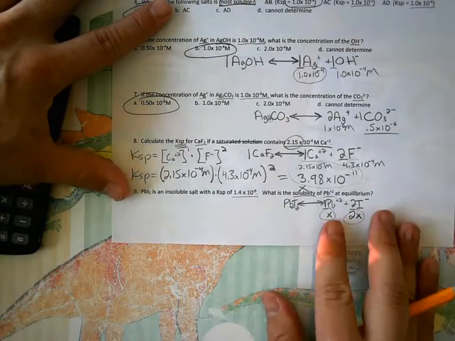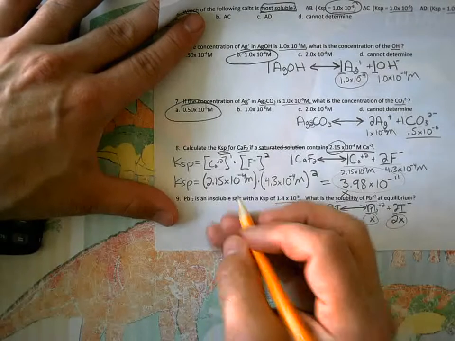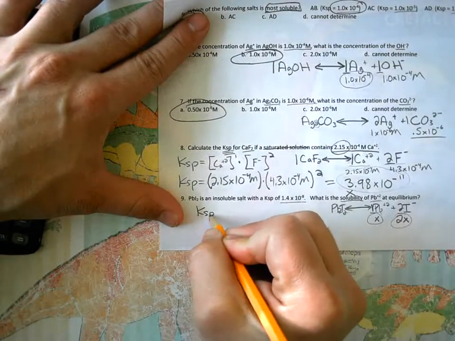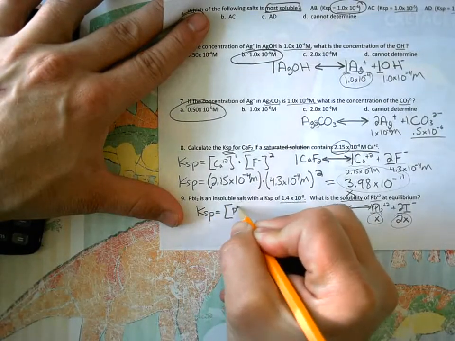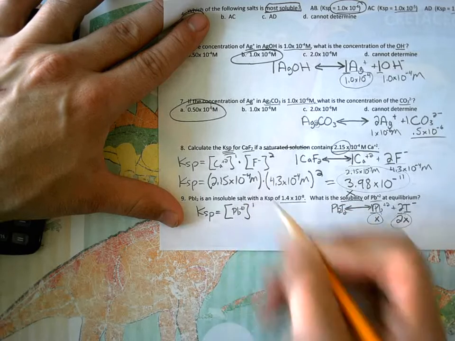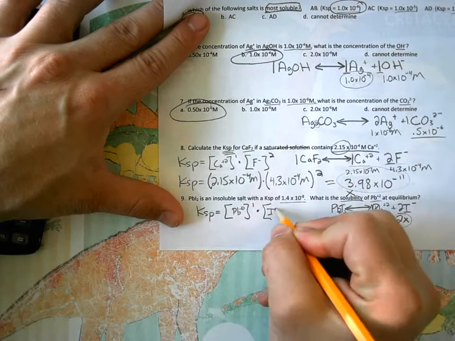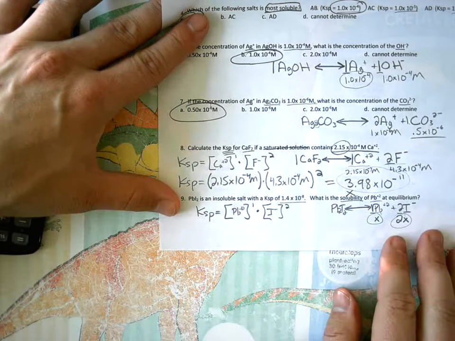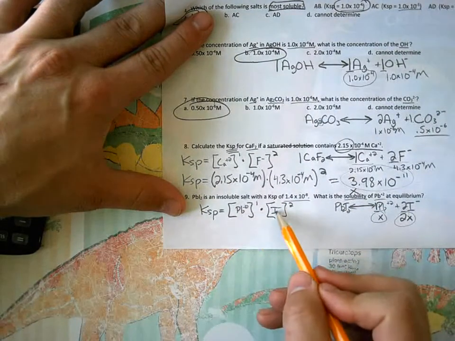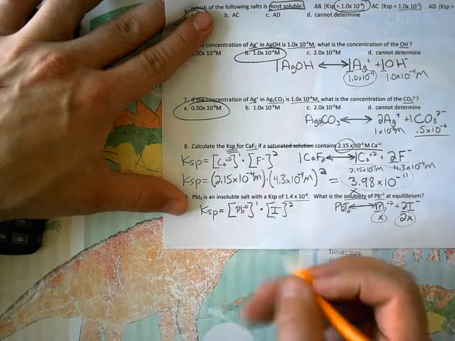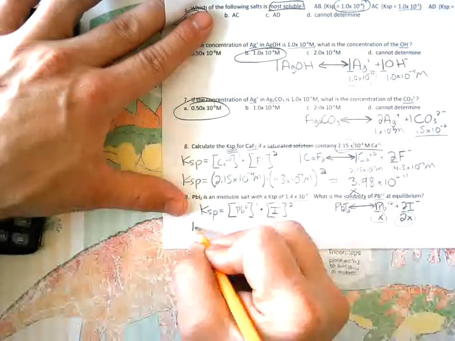Okay, so now that we've set up our little X values here, let's write out the KSP expression. KSP would equal the concentration of lead to the first power times the concentration of I minus squared. And notice that the concentration of I minus has to be double the lead.